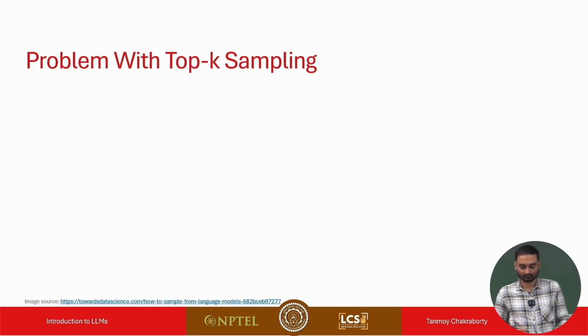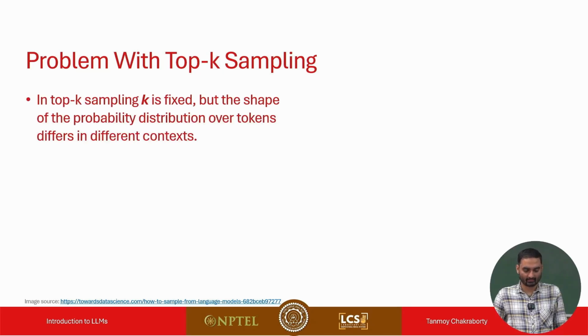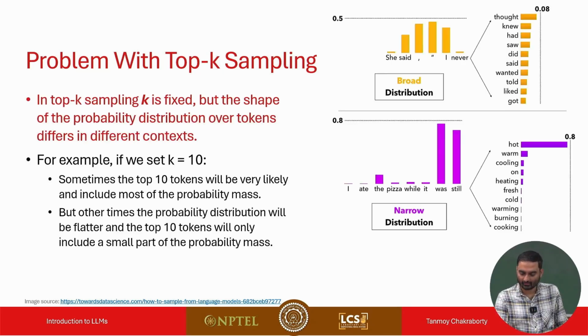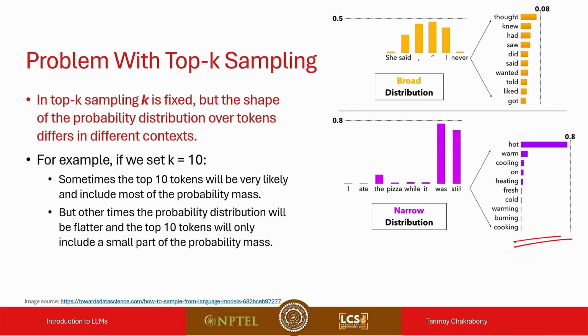The problem with top k sampling is that, let's say you have a skewed distribution like this, where the top k words will encompass the entire probability mass. Let's say in this case, if you take this and this and this, it will be more or less the entire probability.